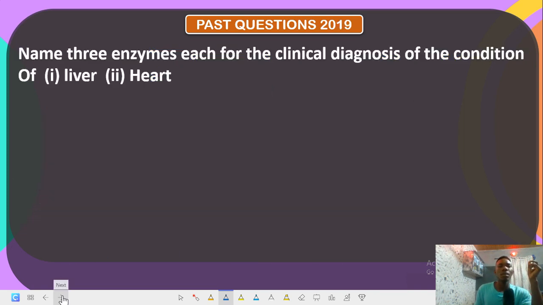Okay. Now the next: name 3 enzymes each for the clinical diagnosis of conditions of the liver. Let's take liver first. What are the 3 enzymes?